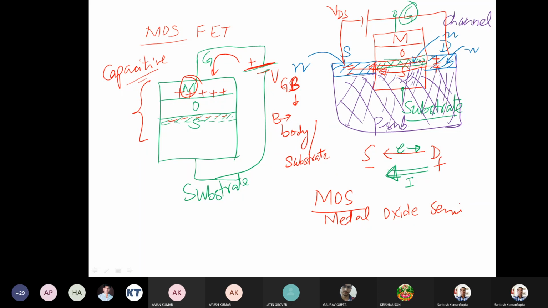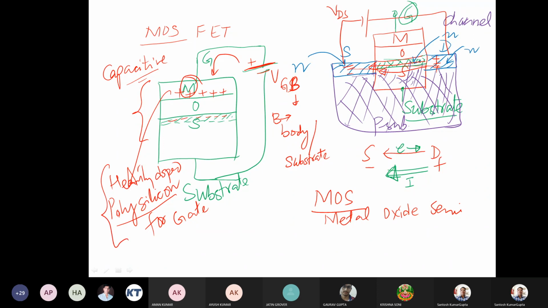In the widely used transistors, the gate is not really made of metal. It is made of polysilicon. Mostly polysilicon has been used for the gate, heavily doped polysilicon, but this is conductive in nature.